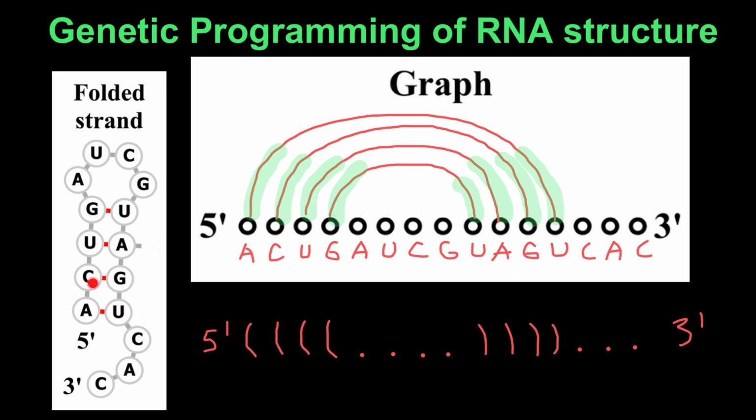Base pairs can be coded by matching opening and closing parentheses, and unpaired nucleotides can be represented by dots. With this format, computers can work and convert them into the two-dimensional and then following by three-dimensional structure of RNA.